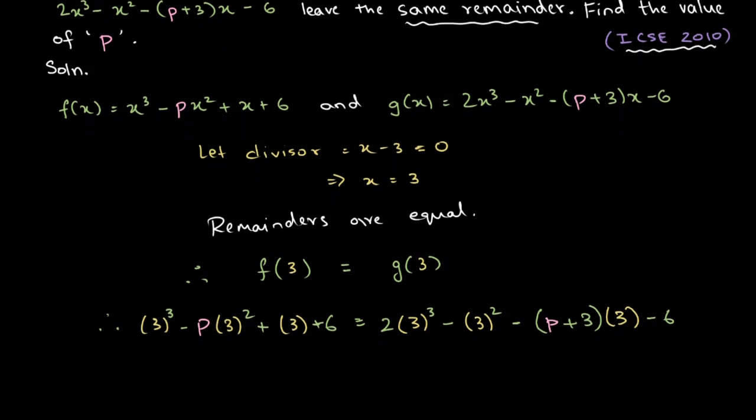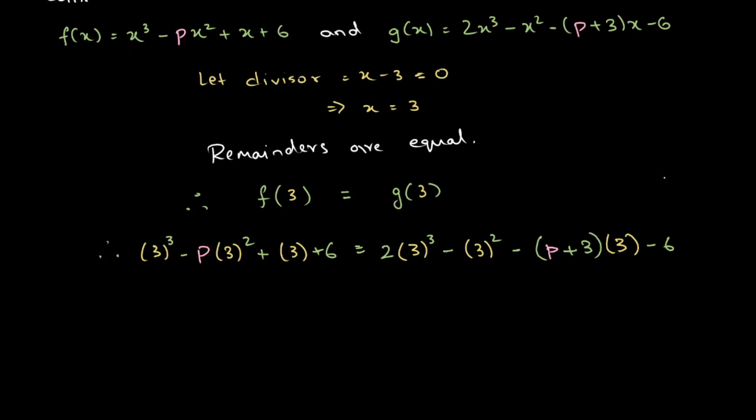As you can see, we have one equation where the only unknown is p.